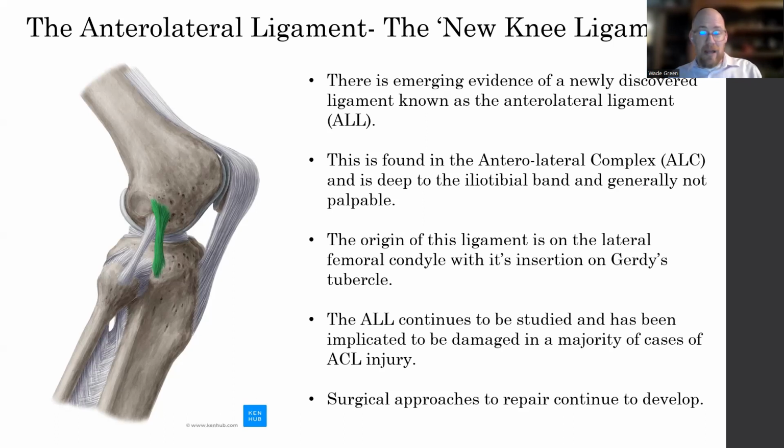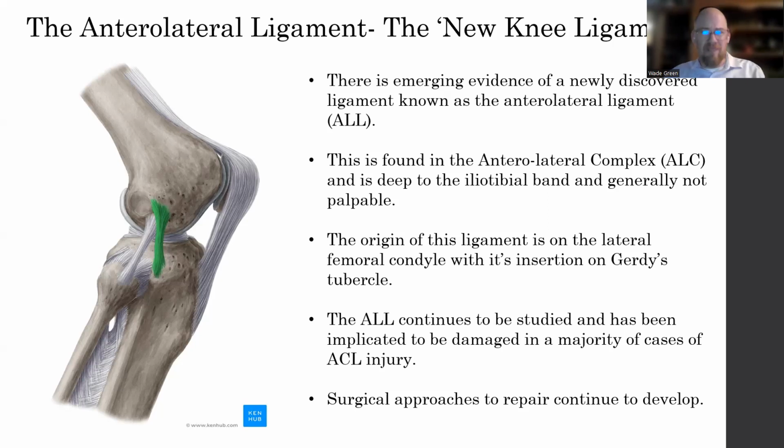And just like the IT band, it has its insertion. You can see here, it's highlighted in green in the picture, it originates on the lateral femoral epicondyle and has its insertion not on the fibular head, but on Gerdy's tubercle, okay? There's been emerging evidence and research that in patients with isolated ACL injuries, they've found tears of the anterior lateral ligament, within certain studies, in greater than 50% of patients with an isolated ACL injury.